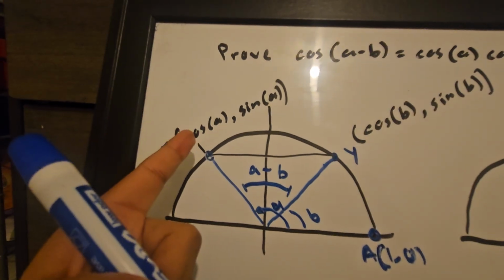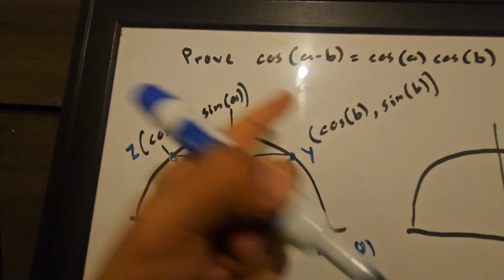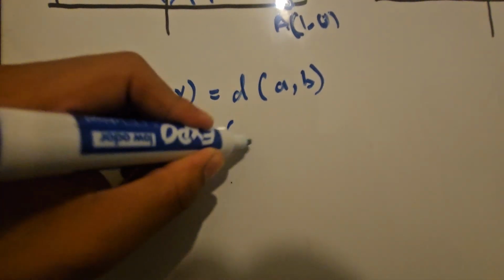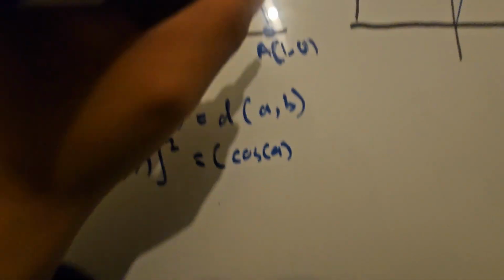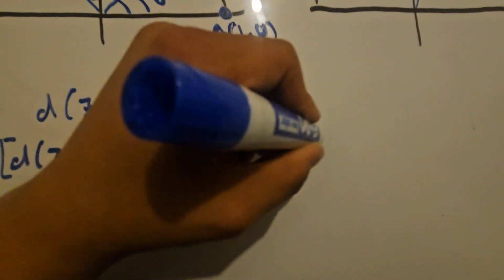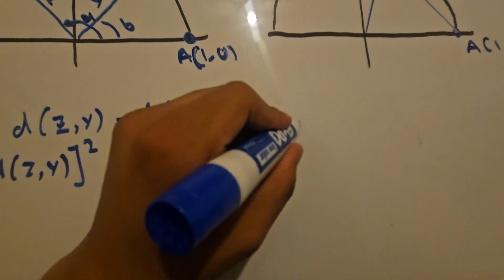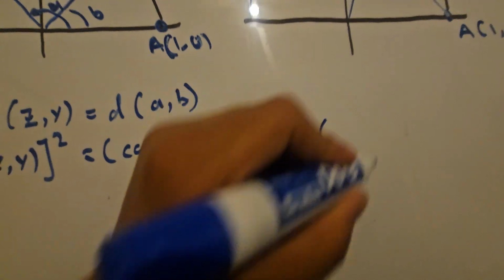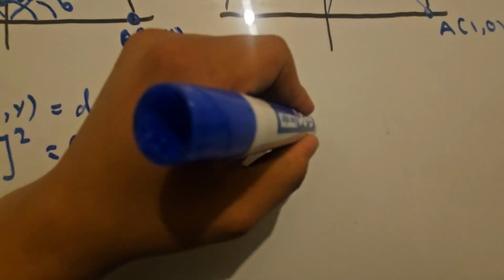X is your x2 minus x1, right? So it'll be, let's put the parentheses, cos A minus cos B, squared. I'm going to have to square that, plus sine A minus sine B.